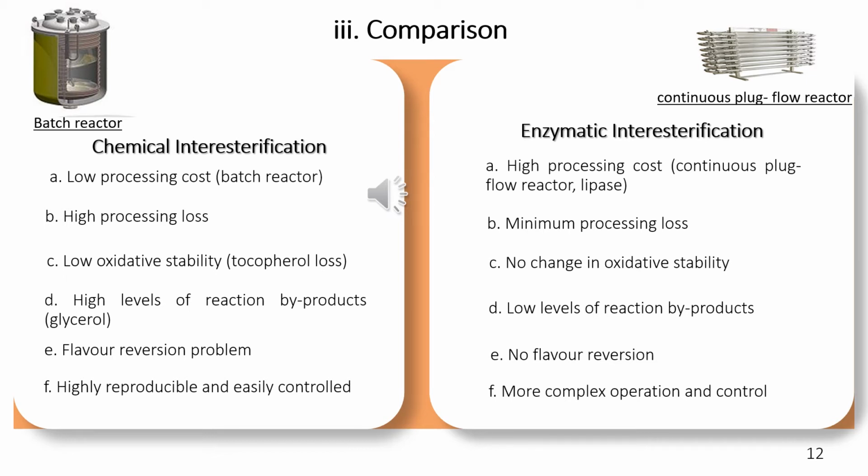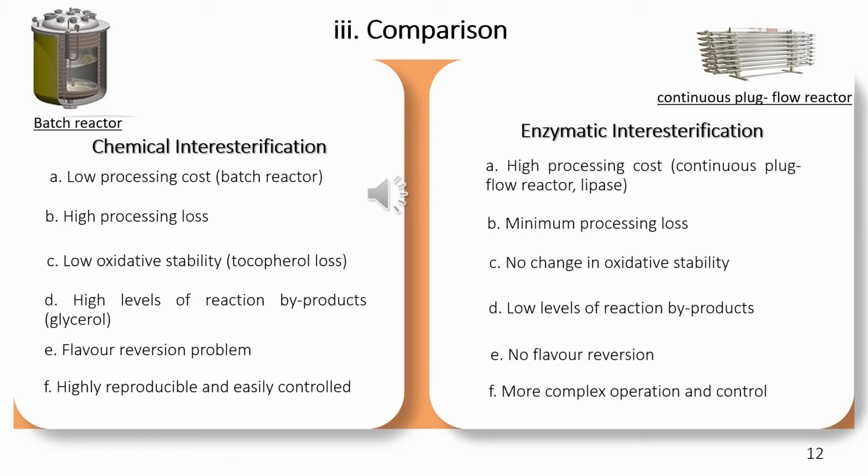So batch reactor consists of a closed system in which there is no continuous flow of the reactants entering the system or the products leaving the system while the reaction takes place.